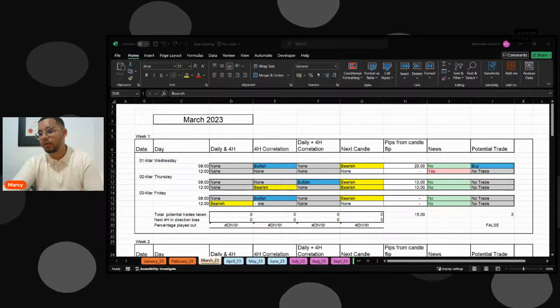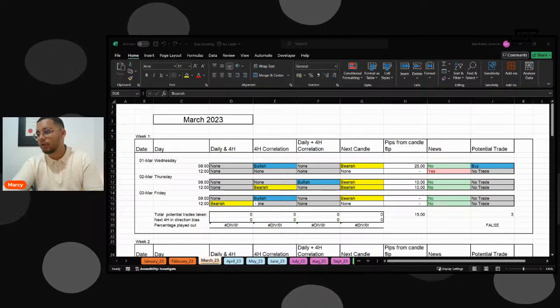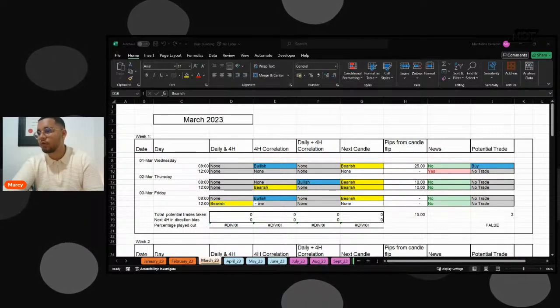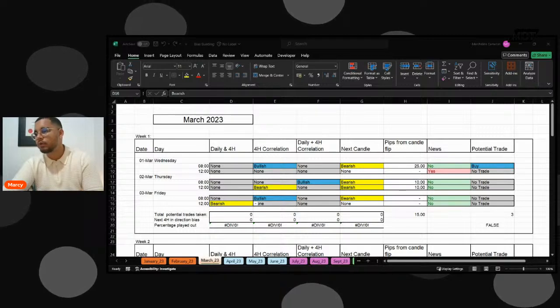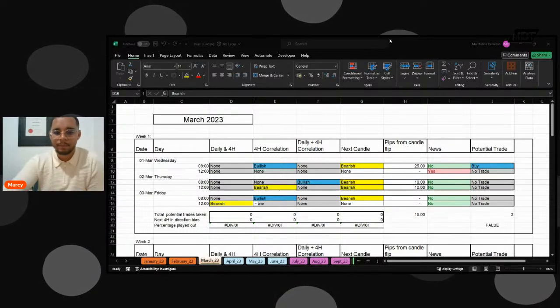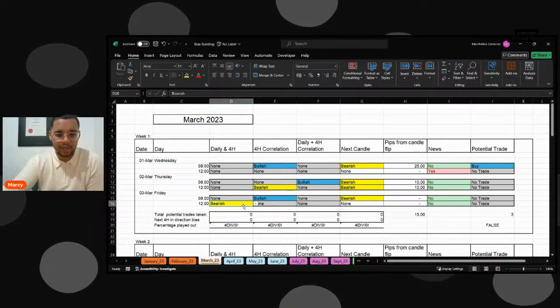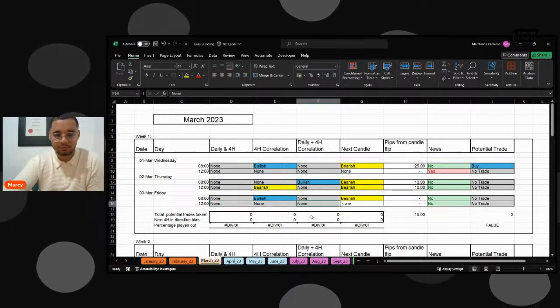Bullish, okay. We need all of the pound pairs to be bearish, essentially. That's 3 bearish, 4 bearish. We need AJ to be bearish too. 5 bearish, perfect. So we have daily and 4H correlation both being bearish.